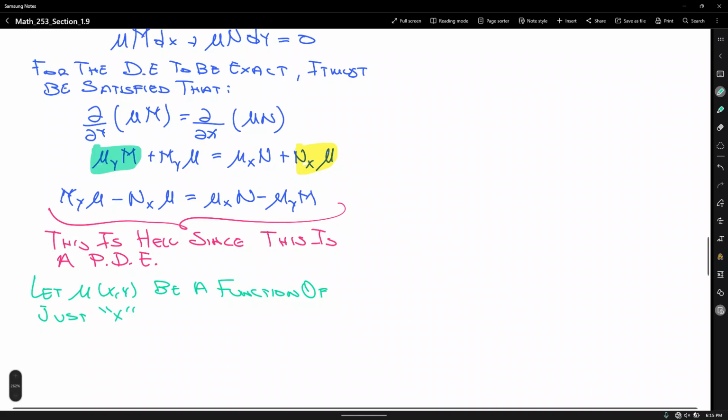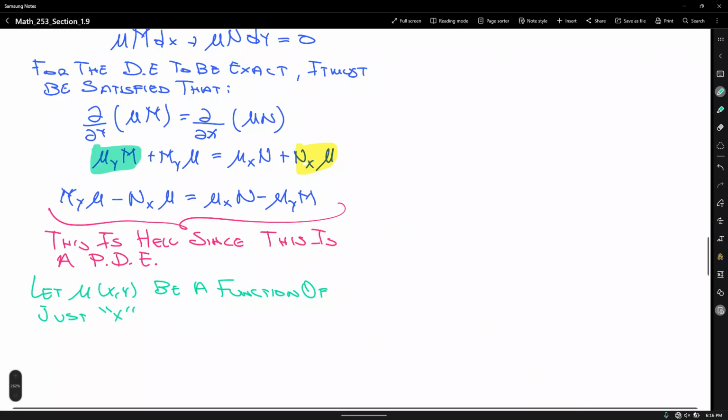That'll simplify the problem because working with functions of one single variable turns everything into an ordinary differential equation, and actually that's going to be the case. All right? So, if we're working with a function of x, that means we will differentiate everything with respect to x. Whatever has a derivative with respect to y, what is that going to be? 0. All right? Because that's all terms of x, really.